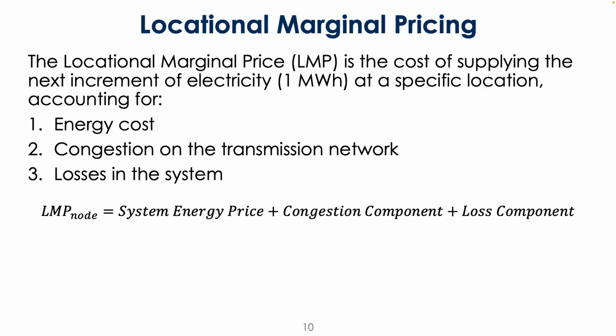So the actual price, or the LMP, the cost of producing that bit of power is equal to whatever that power plant costs to produce that electricity, plus the cost to ship that electricity here, including this congestion piece, okay, and the losses in that transmission line.